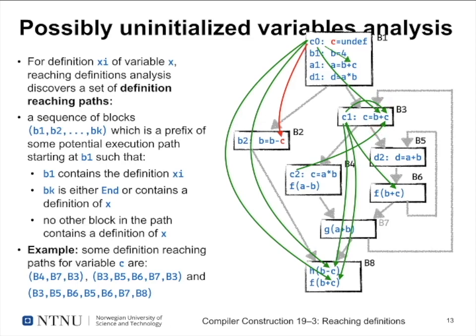Another path might be b3, b5, b6, and then it takes another iteration through the loop, so we go through b5 and b6 again, and then finally up through b7 to b3, where we're redefining our variable c again.